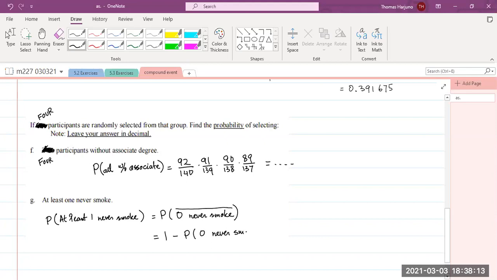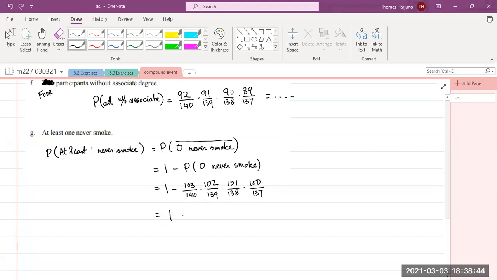Means all of them ever smoke. There are how many? Yeah, there are 103 people ever smoke, right? So if you need 4 of them ever smoke, it will be done this way. Okay, so that would be 1 minus some number equals to what number? That's the technique.